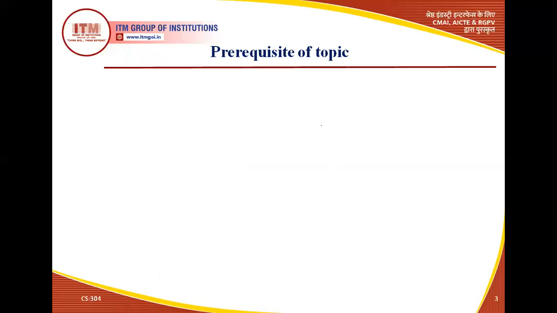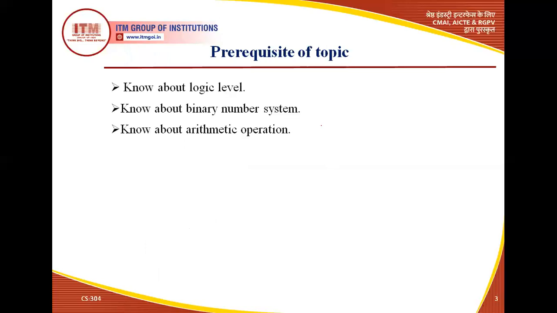Now, what are the prerequisite topics? So, you may know about the logic level. If we talk about the logic level, we use two types of logic level. One is known as the positive logic level. Generally we use the positive logic level, in which one is represented by positive voltage and zero is represented by negative voltage or zero voltage level.